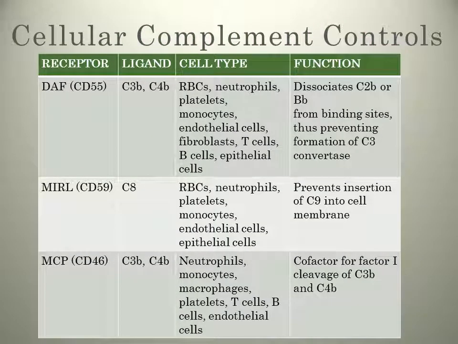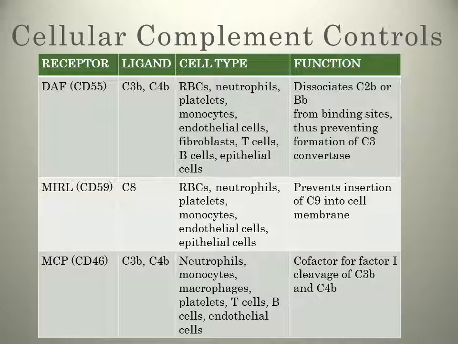And back at the beginning, I pointed out that some of the complement proteins, those associated with the complement cascade, are not in the serum, but rather they're bound to cells. This is an example of some of the cellular complement controls. Now read through this. Don't spend time memorizing all of these.